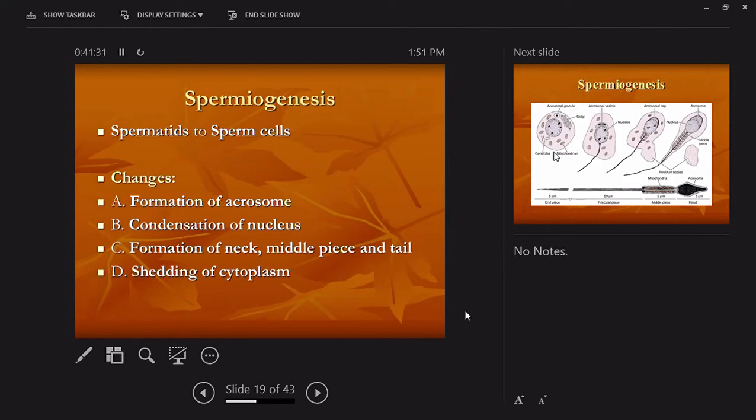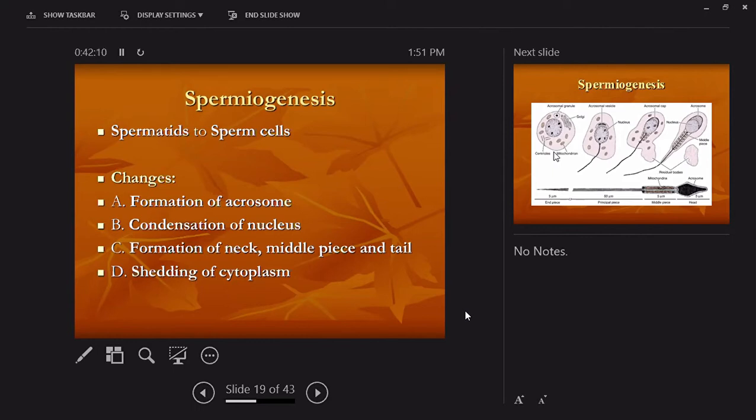Do not be confused about the neck and the middle piece. Do not say the neck includes the middle piece, nor that the middle piece includes the neck. Of course, the last is your tail. And then, of course, the shedding of the cytoplasm. So, ready na siya to do battle, to travel all through those kilometers of ducts to reach the egg waiting in your loved one.